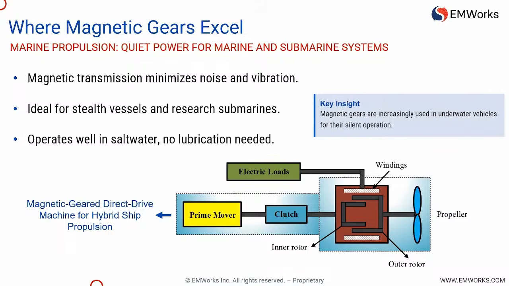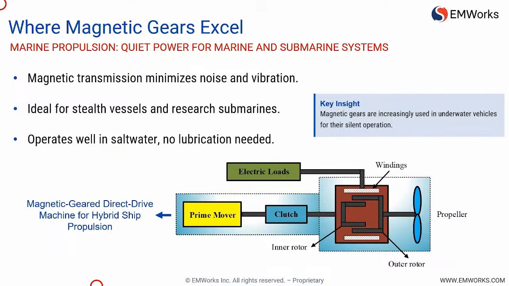Another advantage is that magnetic gears are completely sealed, meaning they can operate reliably in salt water without the need for lubrication. This not only enhances safety and longevity, but also makes them a perfect choice for hybrid or fully electrical marine propulsion systems.